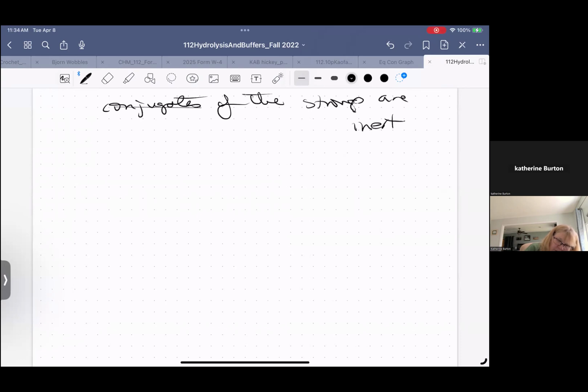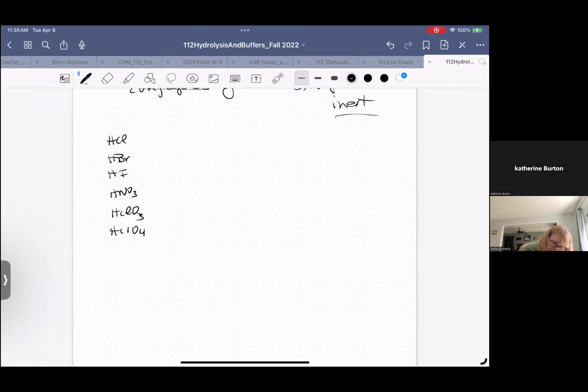So if you have your strongs memorized, and you need to have these memorized, you look at your HCl, HBr, HI, HNO3, HClO3, HClO4. And those are our strong acids.